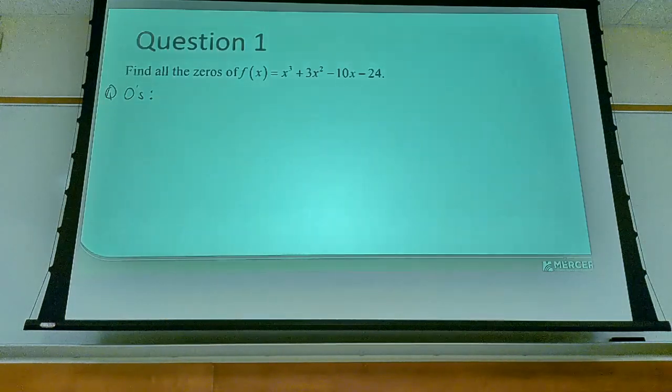They're not the only ones. 2 and 12. 6 and 4. 8 and 3. And that's half of them. You also have their negatives. That's why I say ignore the fact that it's a negative 24.